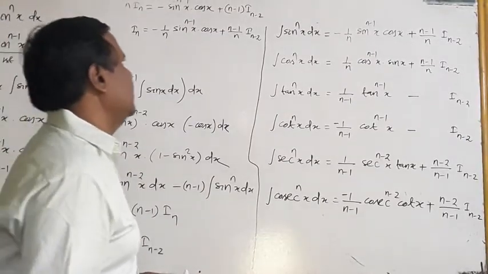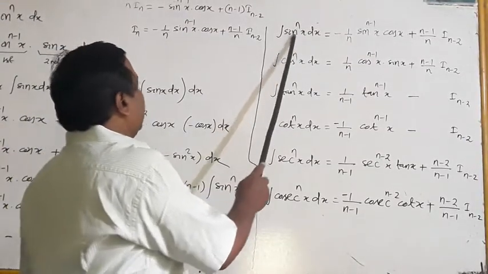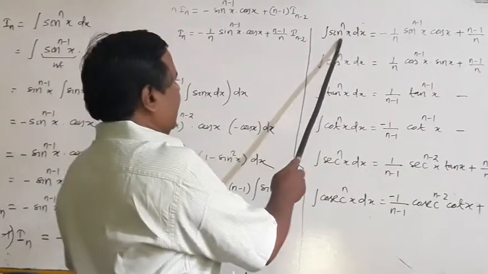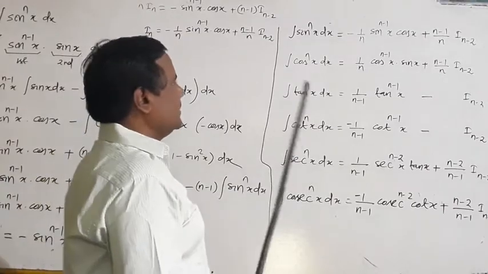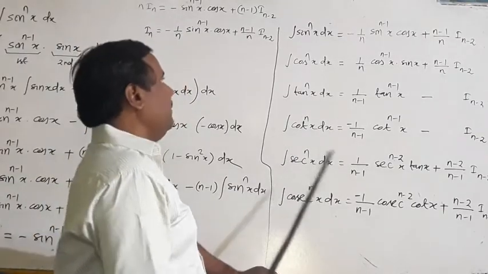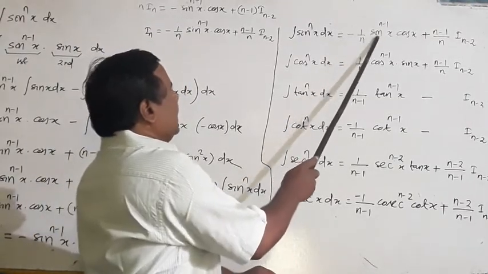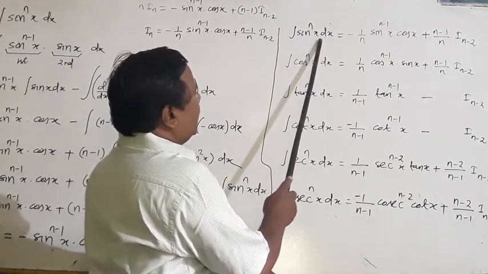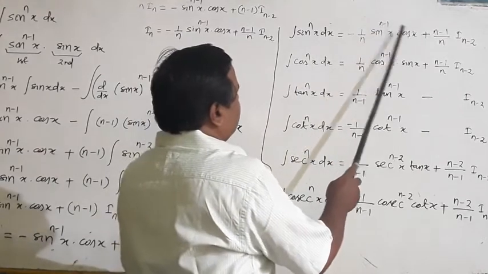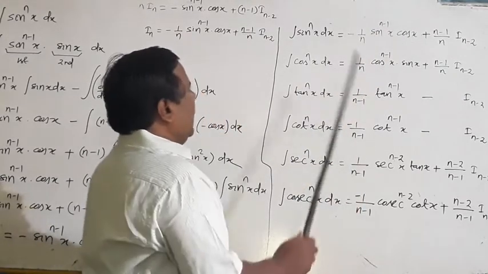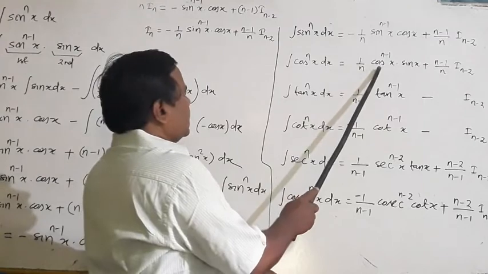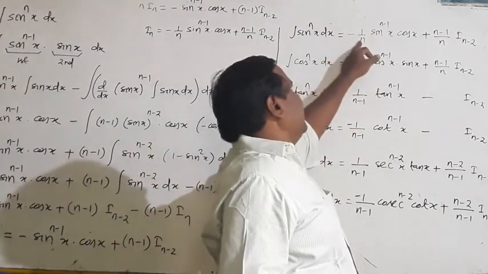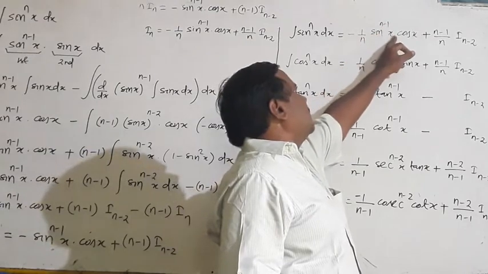First look at this. Sine power n, I am taking it as In. The formula is, first remember, look here properly: it is 1 by n, sine power n minus 1 x cos x.